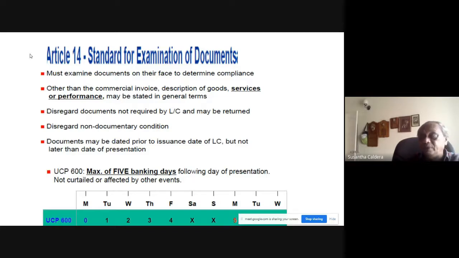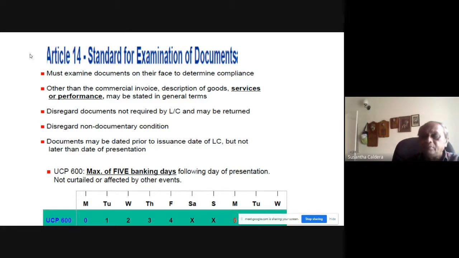A lot of negotiating bank people, the beneficiary's bank, when they receive documents from the beneficiary at the counter, before they give the acknowledgement, first they have to see whether all the documents are there. Right?